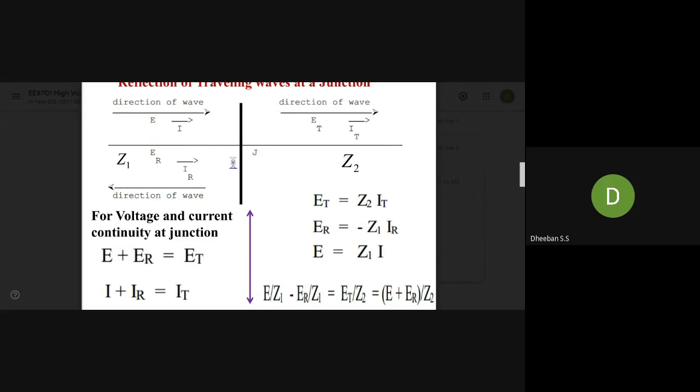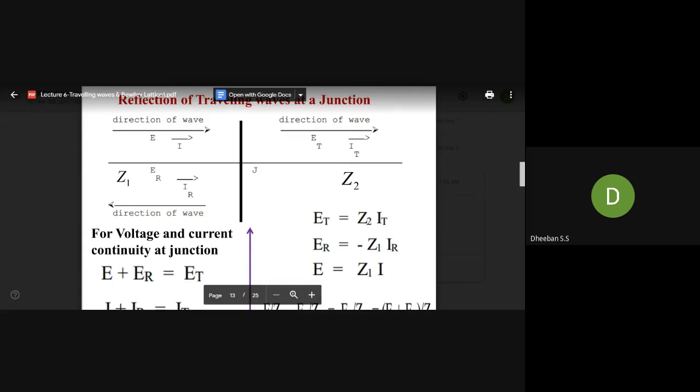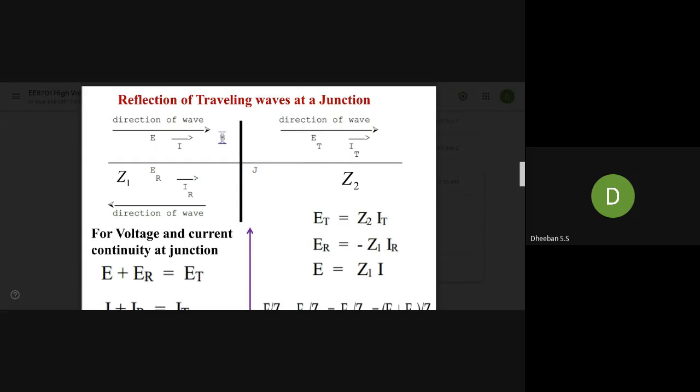But what you can see is this E, which is coming into the junction, but some amount of this gets reflected. This is your Er.